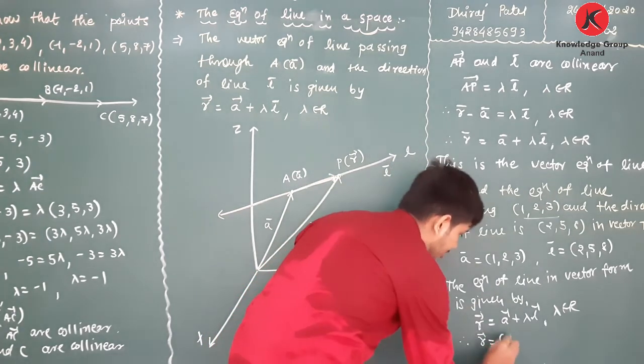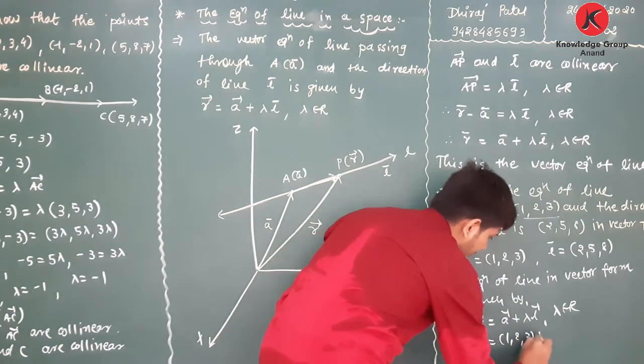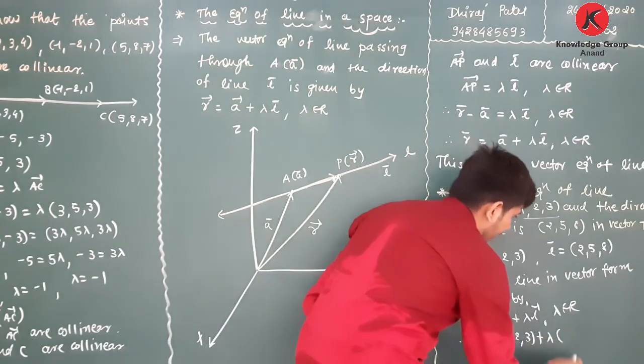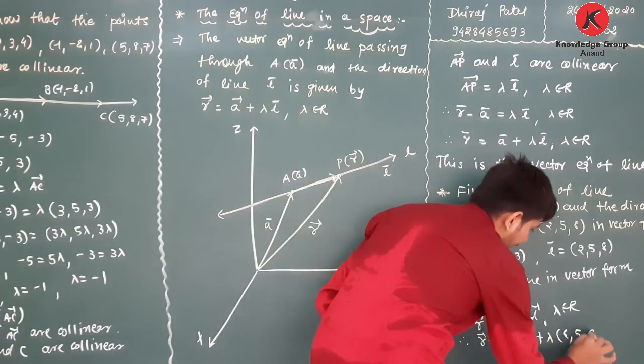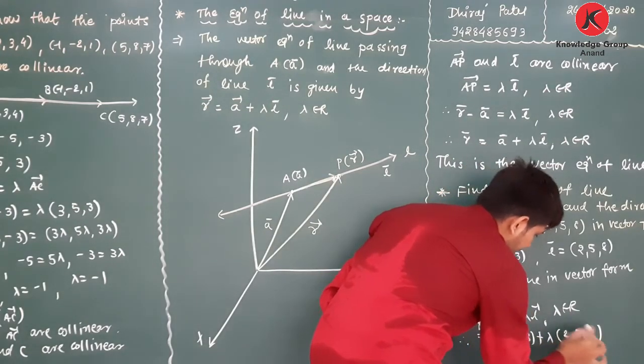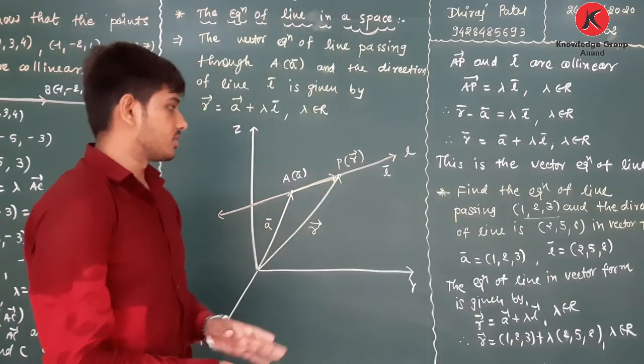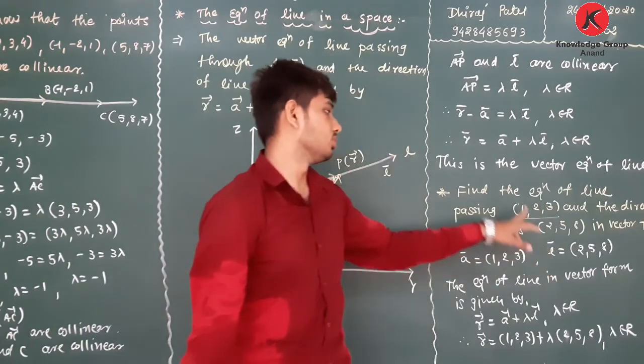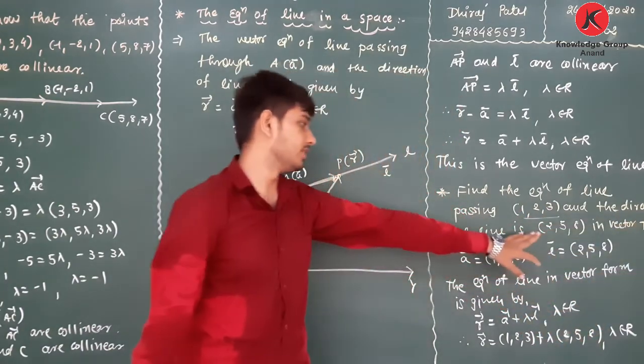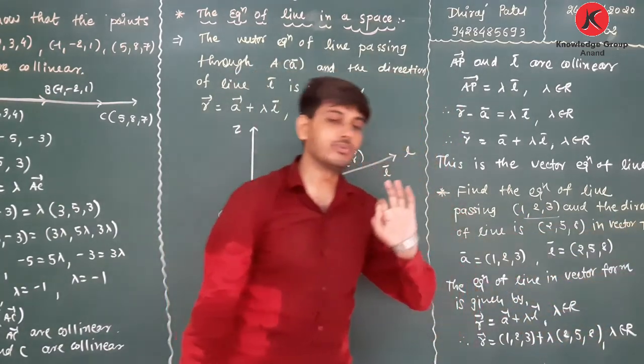Vector A bar is 1, 2, 3 plus lambda L bar 2, 5 and 8. This is the vector equation of line passing through the point 1, 2, 3 and having direction 2, 5, 8.